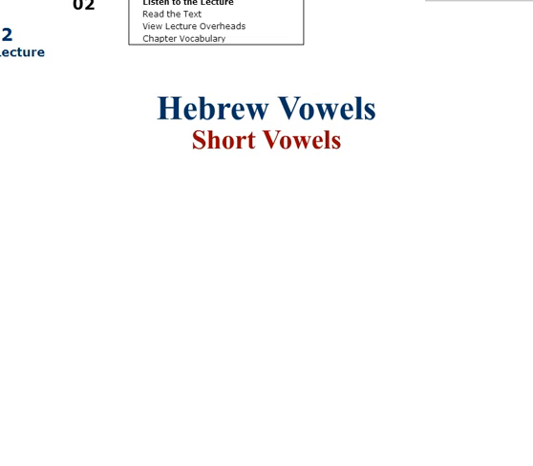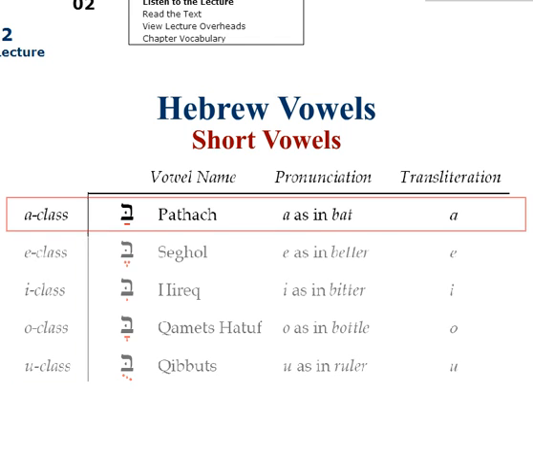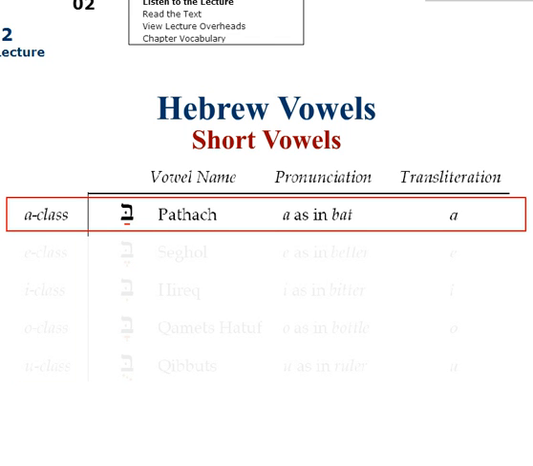Now let's study the short vowels in handout 2C and in section 2.4 of the grammar. You will notice that the 5 vowel classes, A, E, I, O, and U, are represented in this vowel type. First is the A-class vowel.